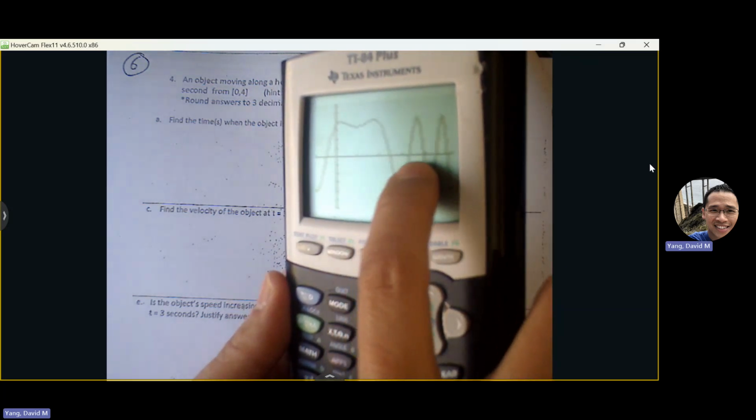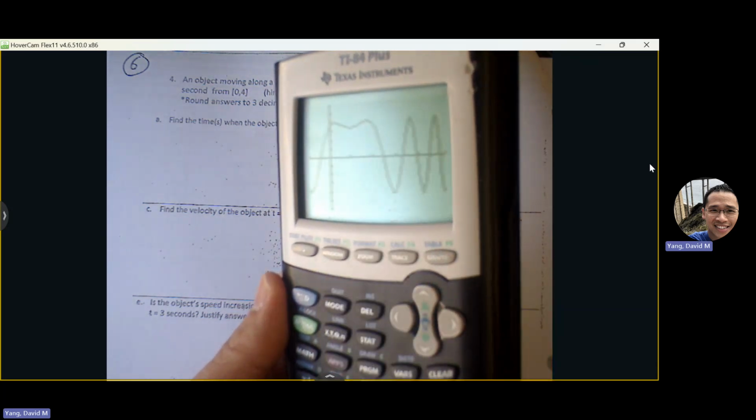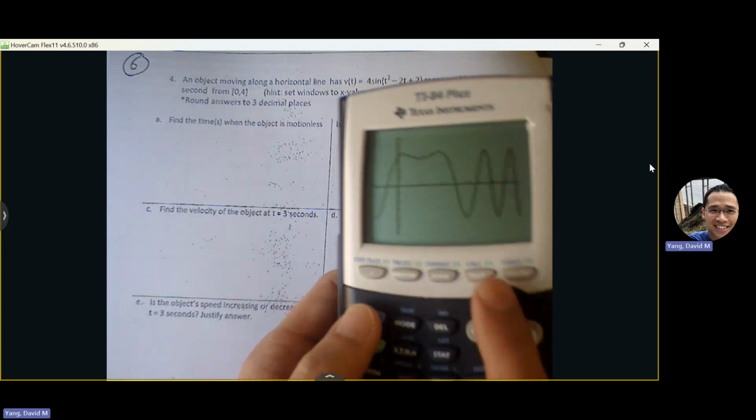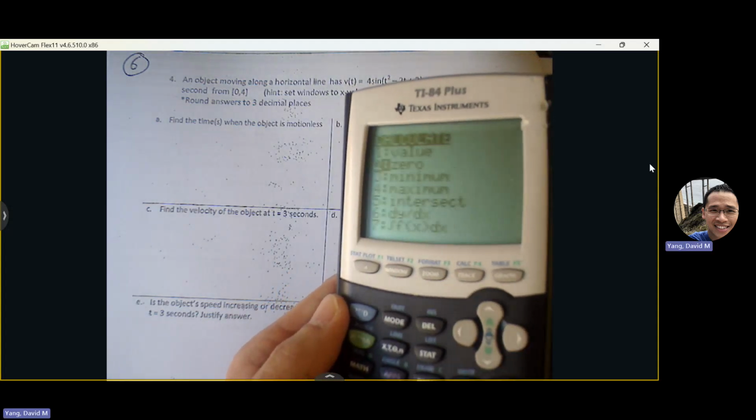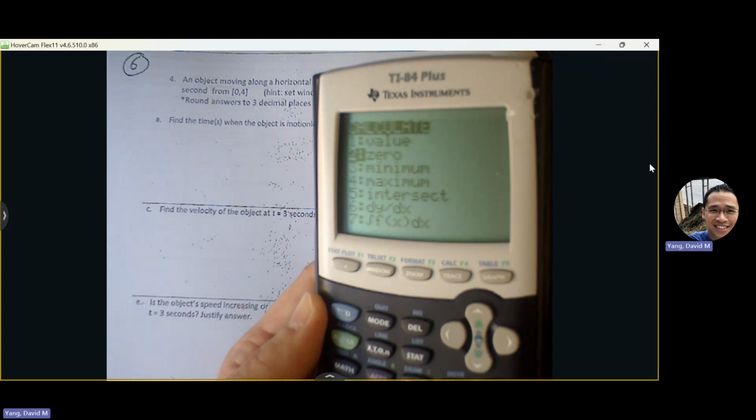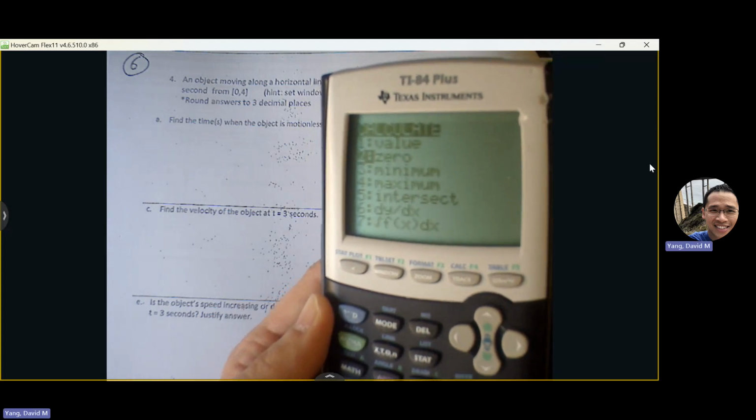So basically we can count potentially how many zeros there are. And then we can also use our feature, second trace, zero, to help us find those x-intercepts for us. Okay, so try that.